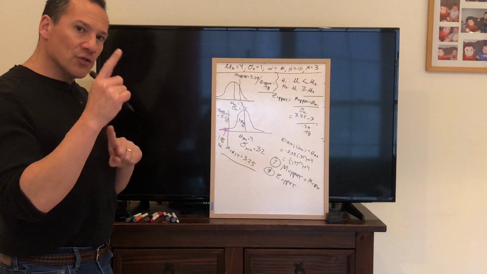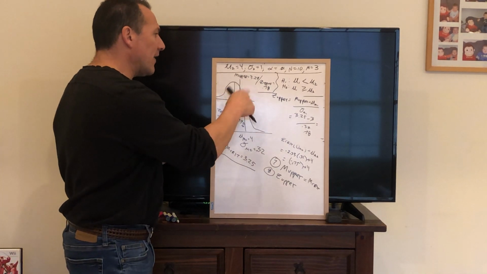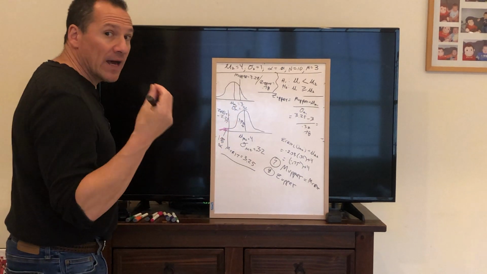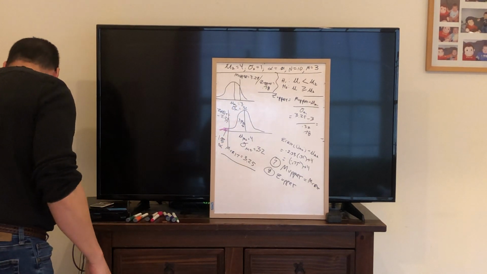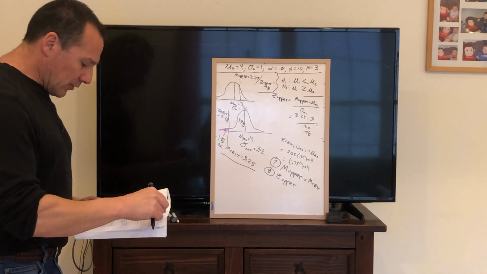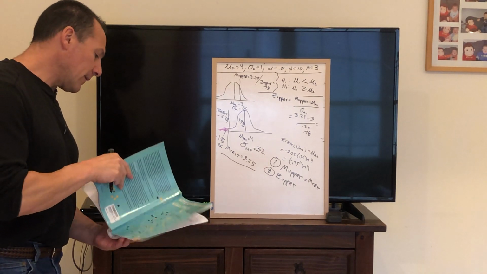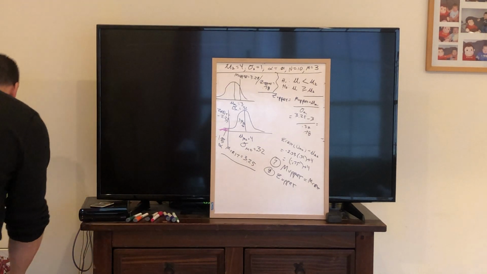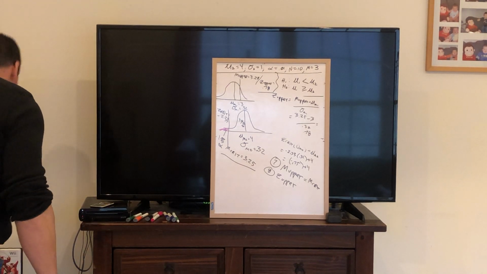So the same raw score, 3.25, has a different z-score depending on the distribution that you are dealing with, and that is critical in understanding power. So that's z upper. Step number 9, we're going to connect z upper and z critical.